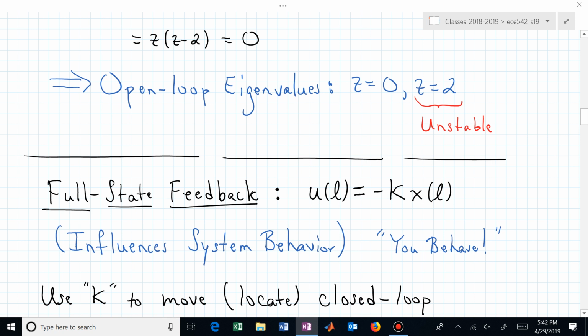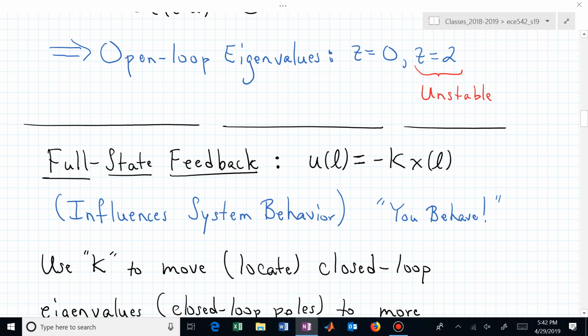K, the full state feedback matrix, is actually a row vector, one row tall and 2 columns wide. K is a 1 by 2 matrix, and that now allows us to combine it with gamma to give us the change that we want, or trying to tell the system how to behave.